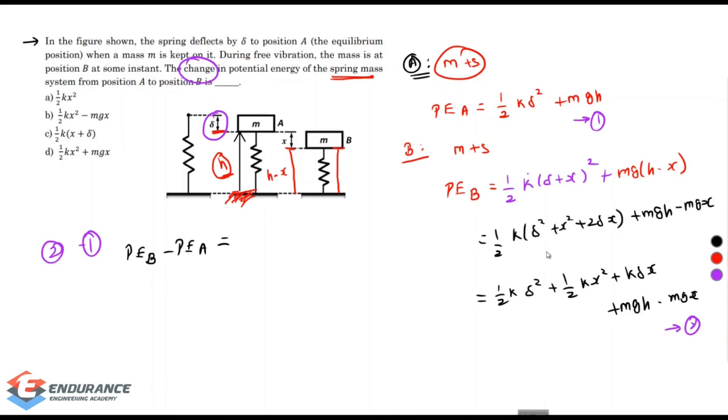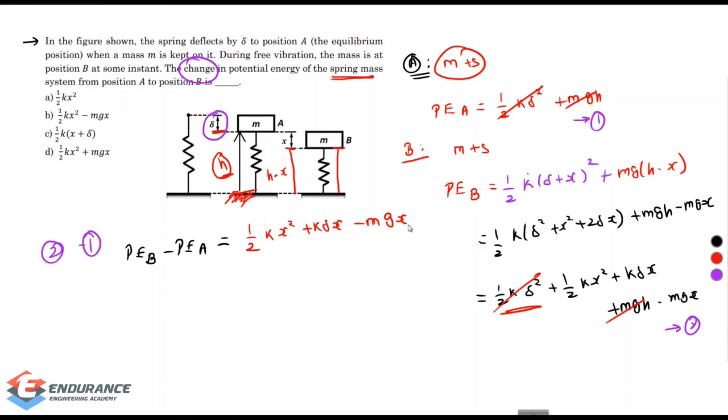The 1 by 2 k delta square terms get cancelled, and similarly mgh and mgh get cancelled. The balance terms are 1 by 2 k x square plus k delta x minus mgx.